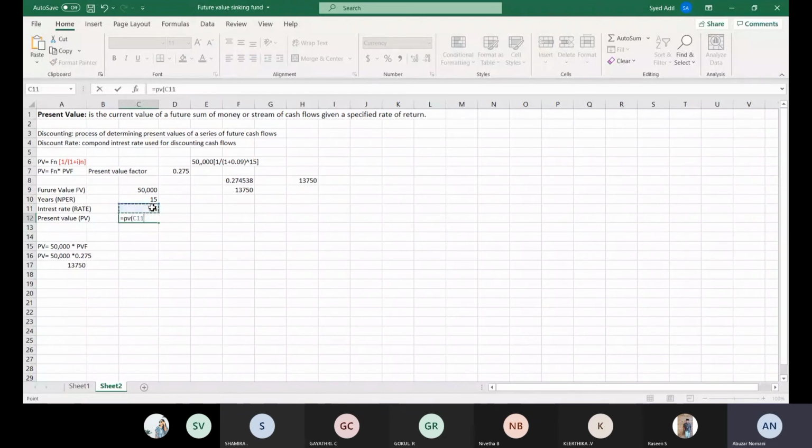Rate is 9%, interest rate, NPER is 15 years, PMT 0, future value 50,000.